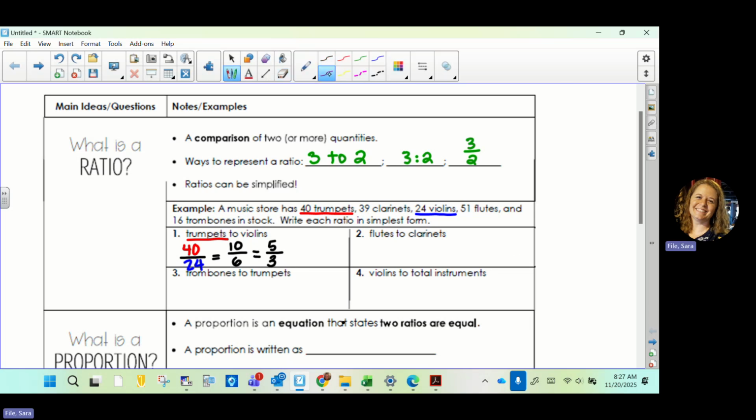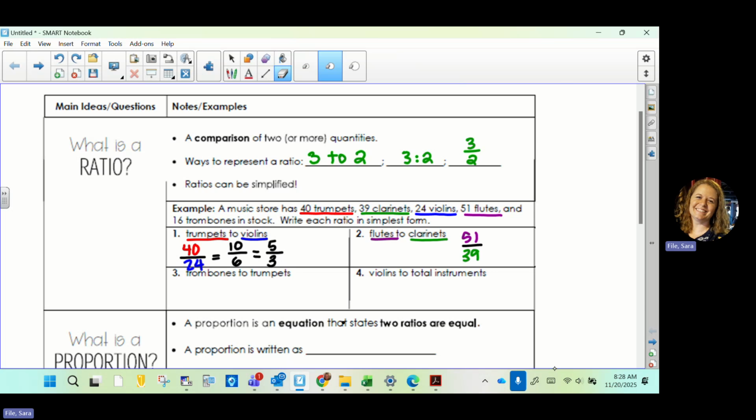Now let's do flutes to clarinets. Flutes was 51, so I'm going to say 51 on top. And then clarinets, let's do green, that's 39. So 51 over 39.